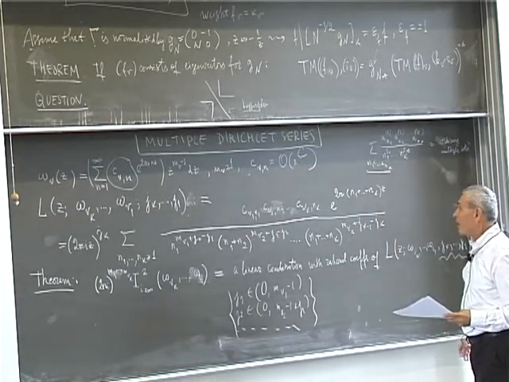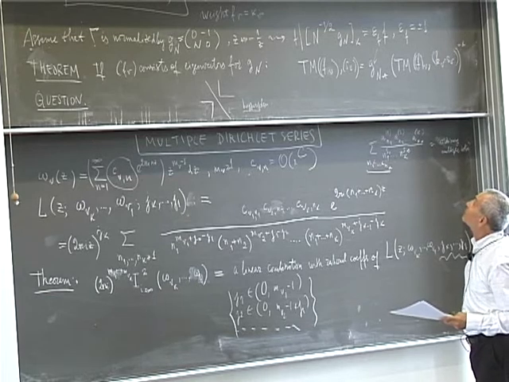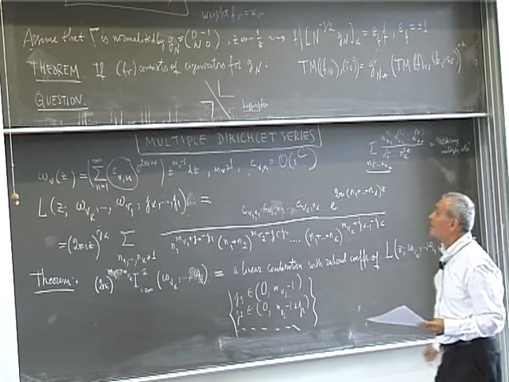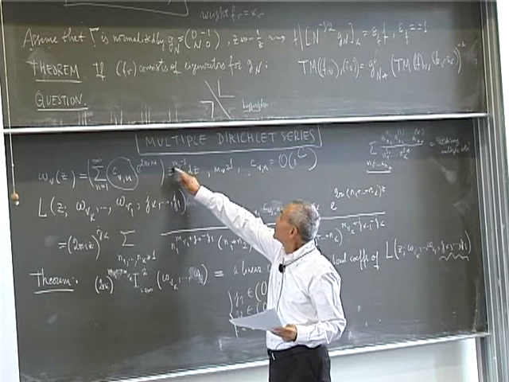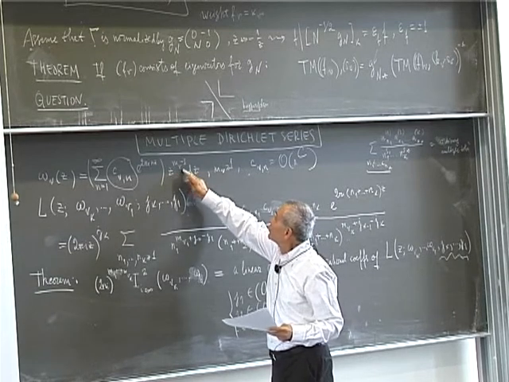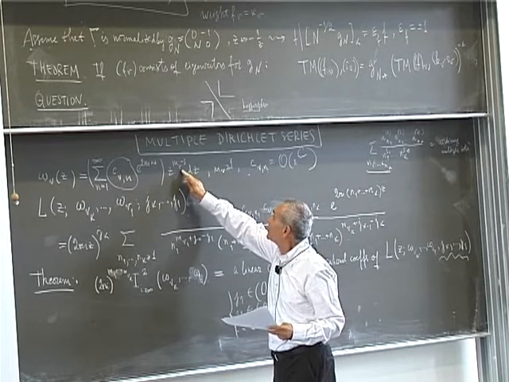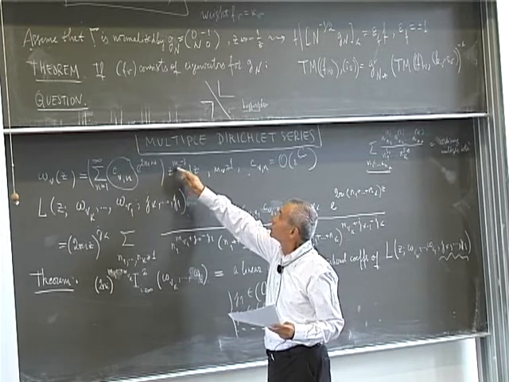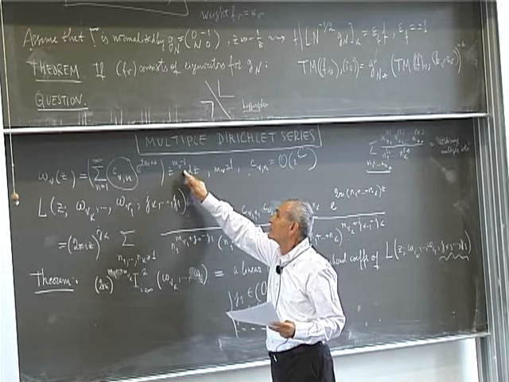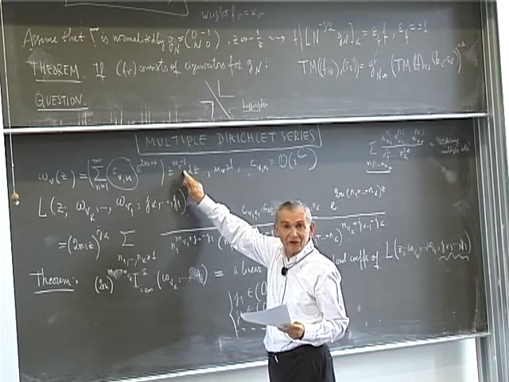And then I cannot take all these m's as arbitrary complex variables. Actually, they will be restricted to being integers in the critical strip in practically interesting cases.